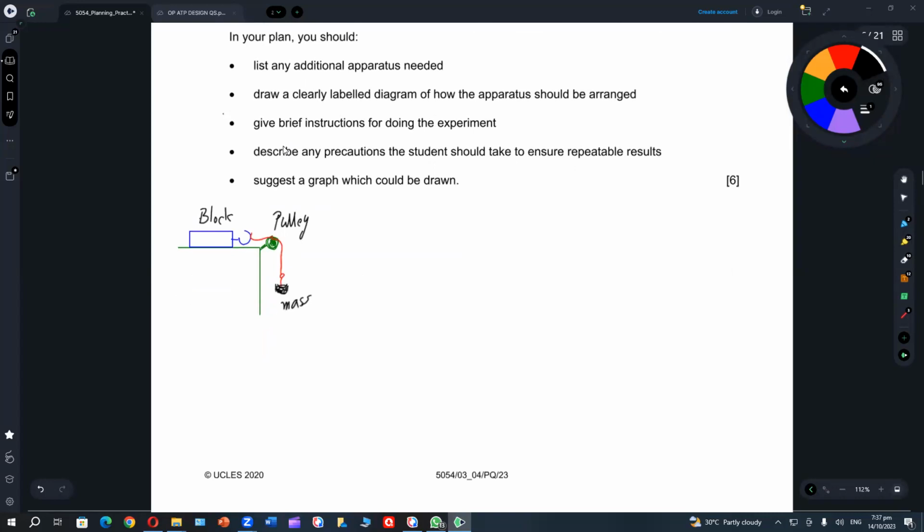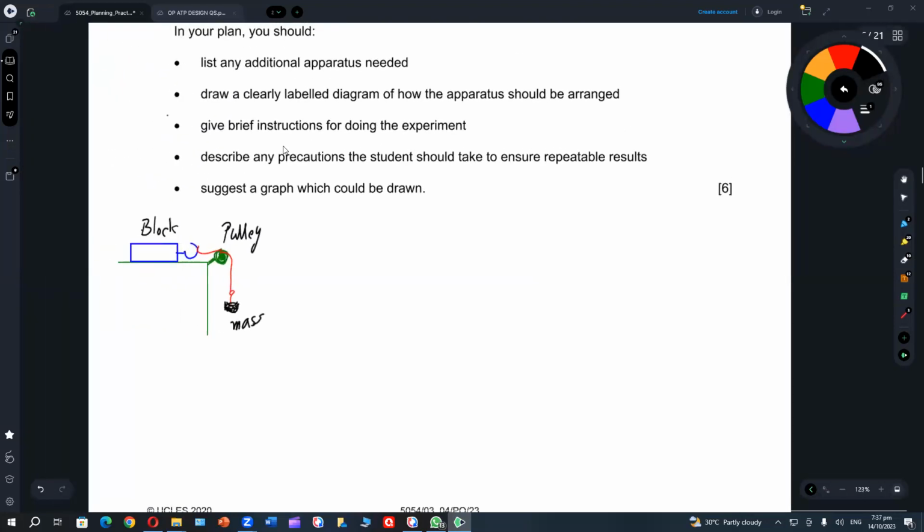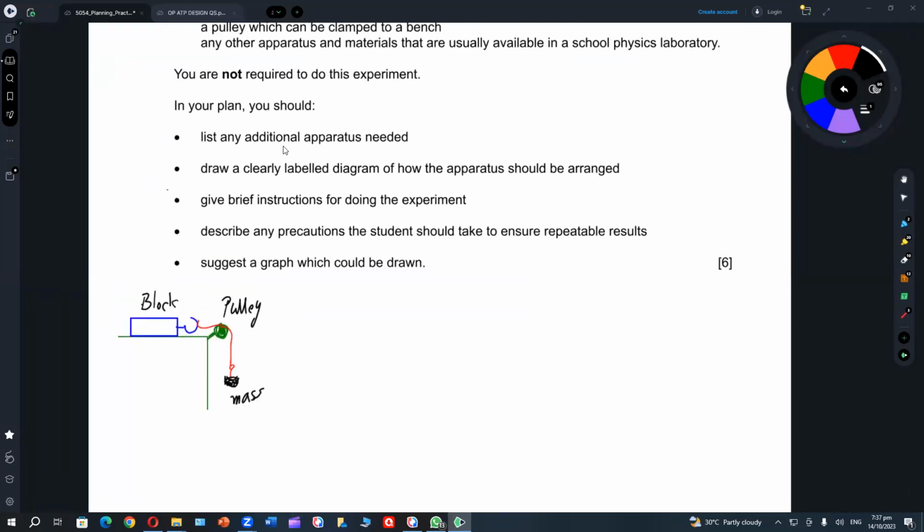This is the simple diagram I have made. Copy the diagram and let me know once you have copied it.